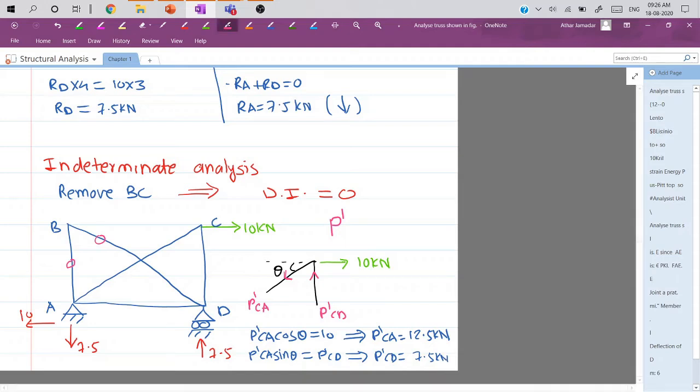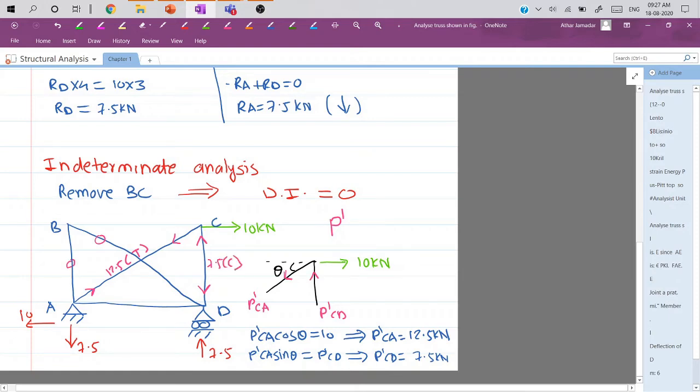That same force we will show in the diagram also. So P dash CA is tensile and P dash CD is compressive, and their values are: P dash CA is 12.5, which is tensile, and P dash CD is 7.5, which is compressive.